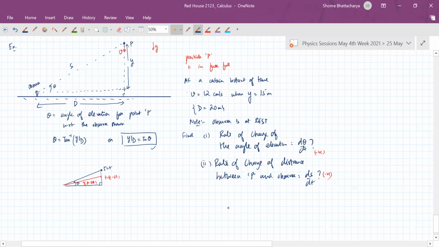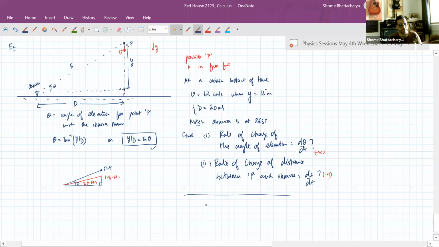Okay, so as I said, here dy by dt is minus of v because y is decreasing with respect to time at the rate of v. Okay, so now for the first part you start with this formula.